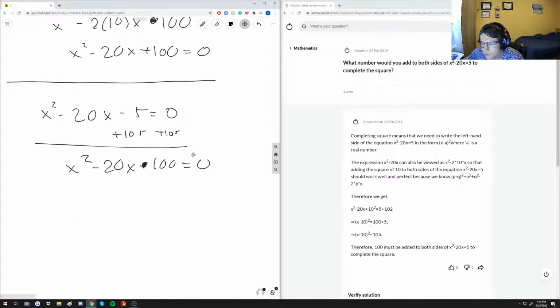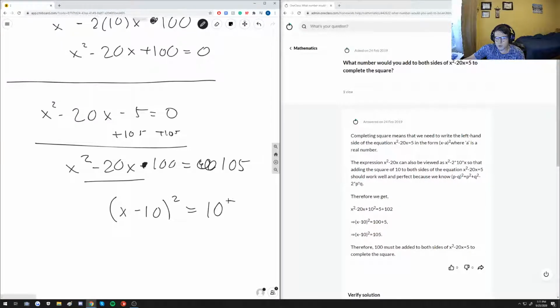So we get this. Yep, everything is fine. So we get that, and we have to add 105 to this side as well. Okay? And then we can put this in our x minus a squared form, and we get x minus 10 squared is equal to 105.